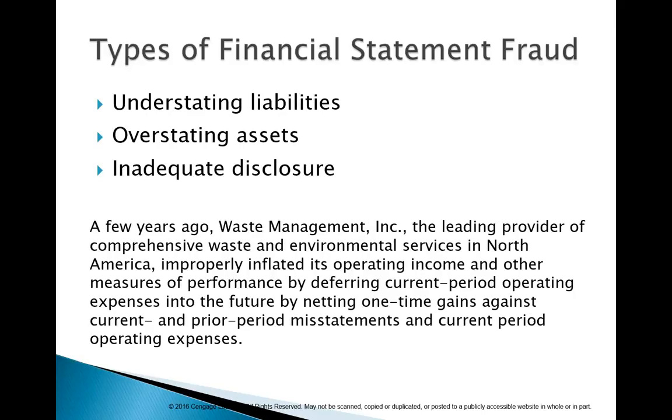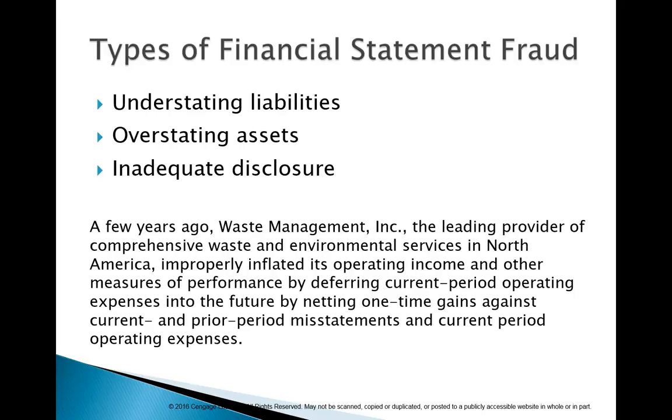And if you want to overstate your net income, one way to do that is obviously to understate your expenses. And if you have a large amount of property, plant, and equipment that's related to disposal trucks, one way to decrease your expenses and increase your net income is to change your depreciation methods.